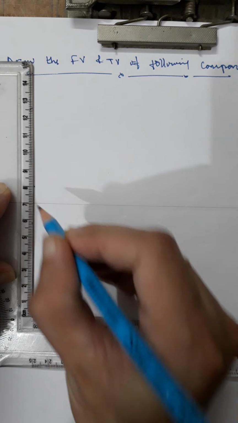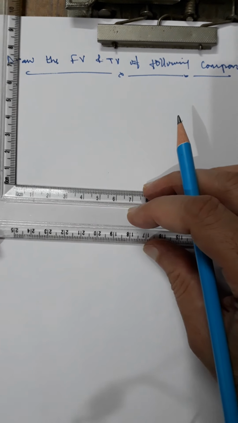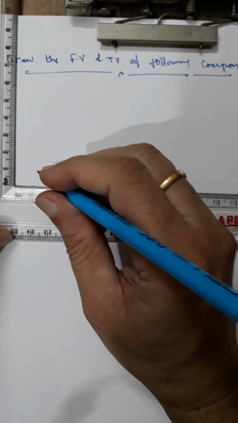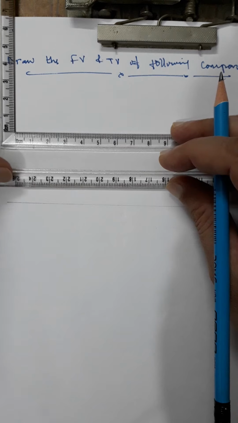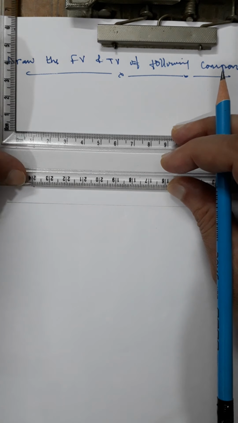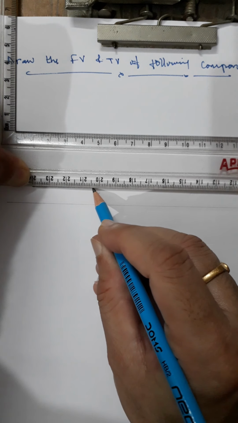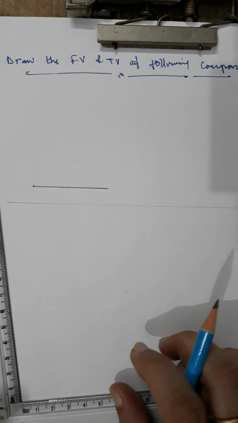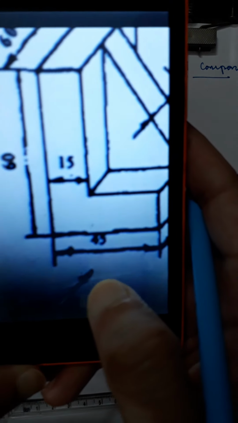And then I can mark 45 mm length here, as it is given 45 in the component. So I will be drawing a 45 mm horizontal line. This is 10, 20, 30, 40, this is 45. So this line is 45 mm.